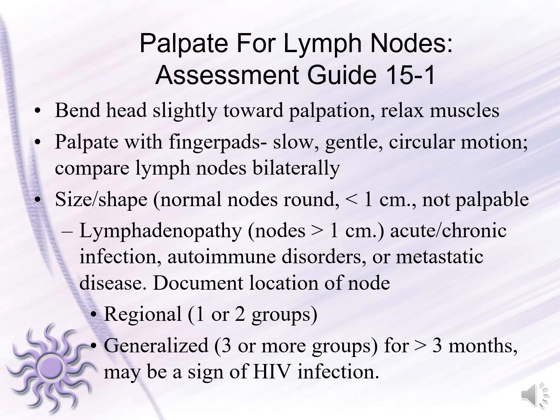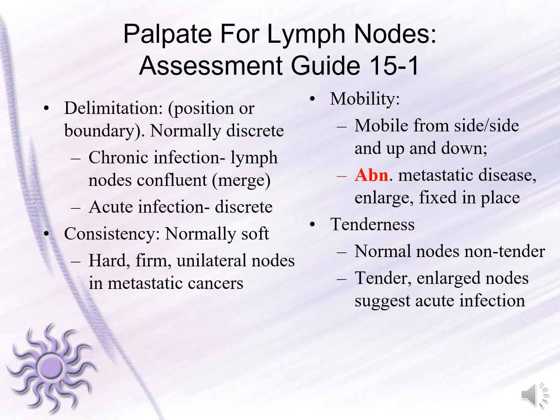If they are tender and swollen, we see that sometimes with infection. The consistency should normally be soft, but if they are tender, we are looking toward infection. If they are hard and fixed, we are really looking at some type of metastatic disease.